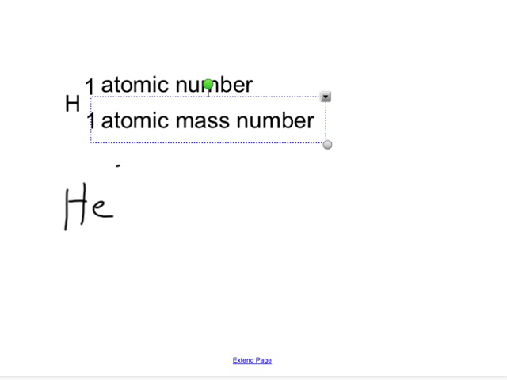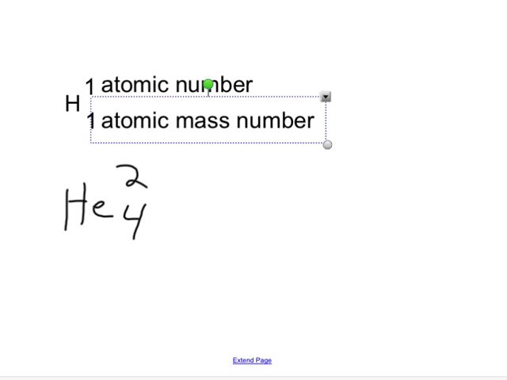Helium. So how many protons? There should be 2. The atomic mass is 4, so how do we find out how many neutrons this atom has?